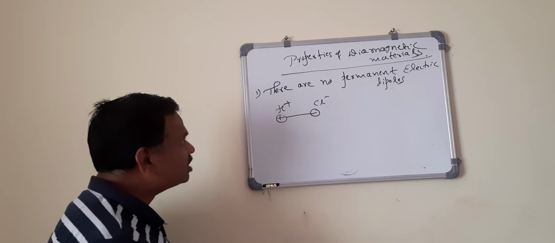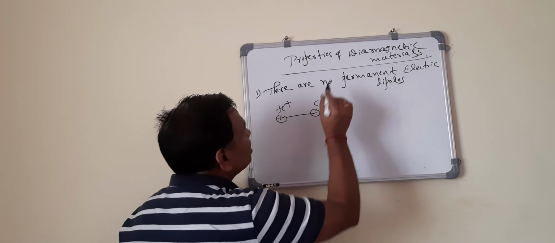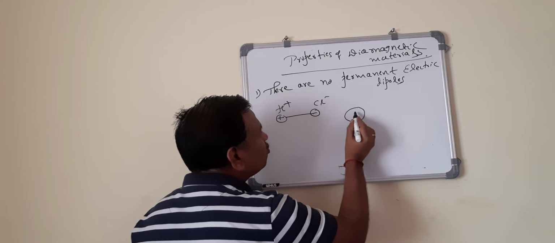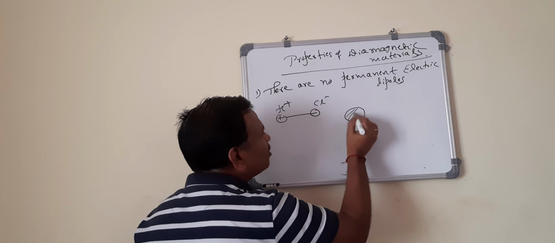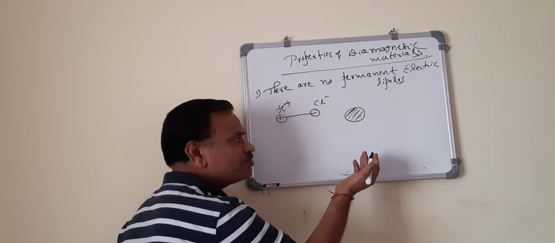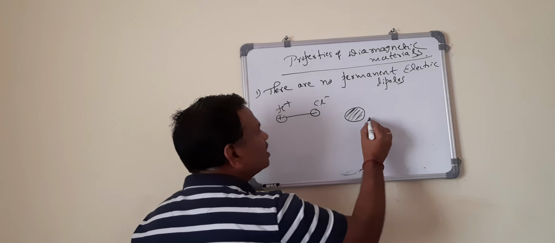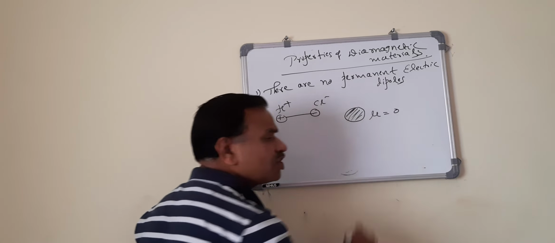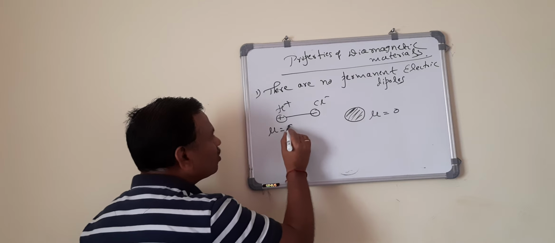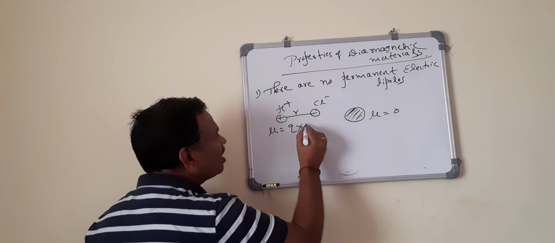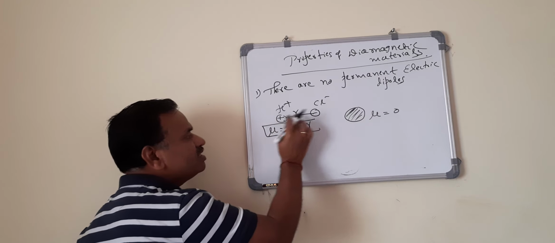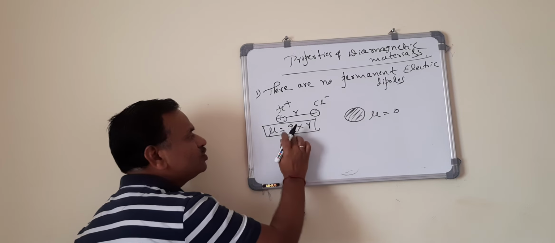But in some of the materials, like dielectric materials, there is a superposition of positive charge and negative charge. When they are superimposed, the dipole moment equals zero. Dipole moment equals charge multiplied by the distance between the charges, Q into r.